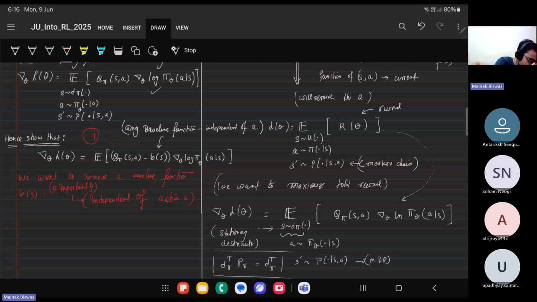They are equal actually. Let us try and prove this.